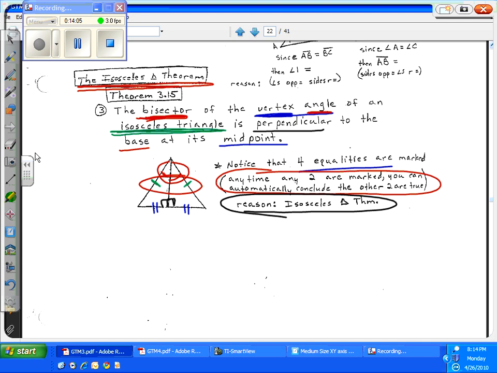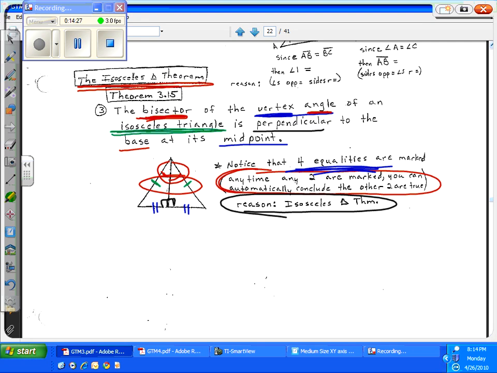If two angles of a triangle are equal, then we know that the sides opposite those equal angles are equal. The isosceles triangle theorem says the bisector of the vertex angle of an isosceles triangle is perpendicular to the base at its midpoint. That creates for us four equalities.